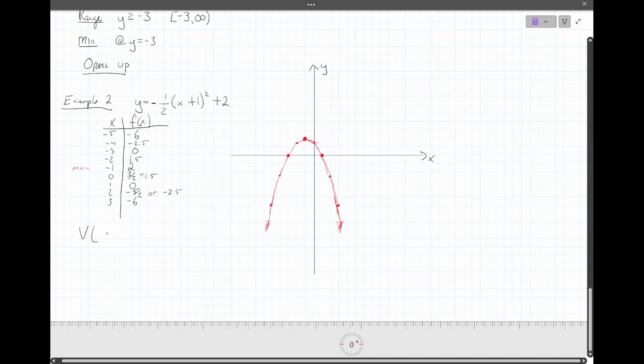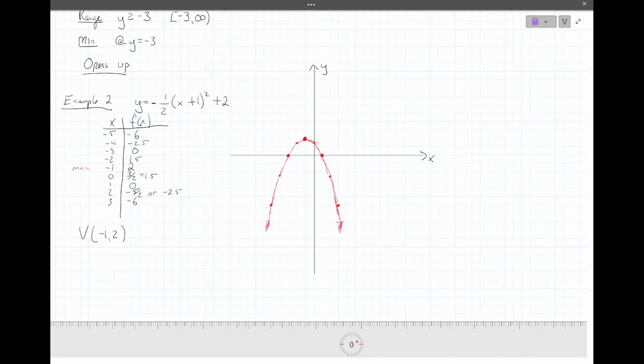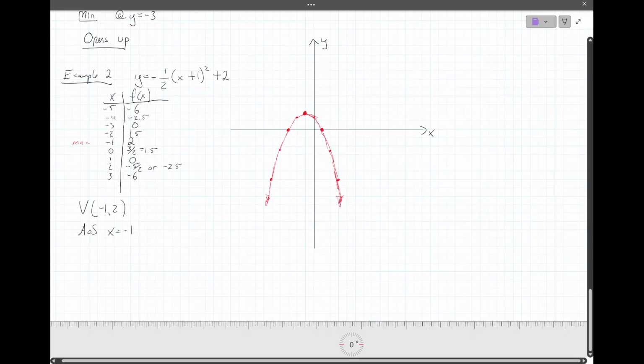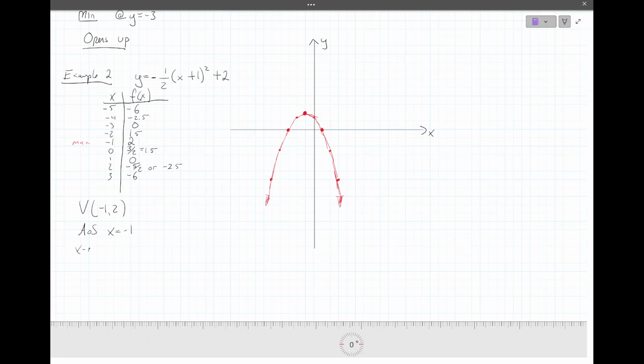Vertex, this is -1 and 2. Axis of symmetry, right? That's just the x component of the vertex, so that is x equals -1, right? Everything is equal distance. All our y values are equal distance from -1. Right? They're symmetrical. X-intercept here, when we're looking at the x-intercepts, we got them for free here, right? y is 0, so we're good there.